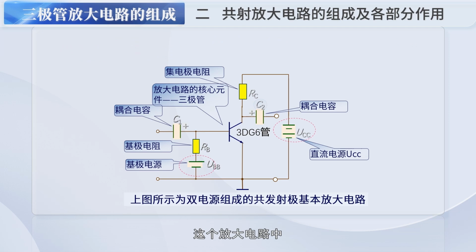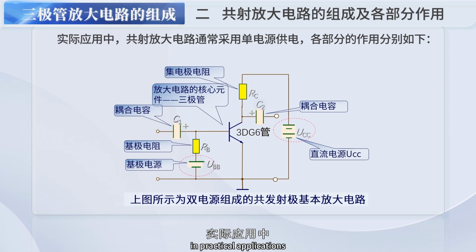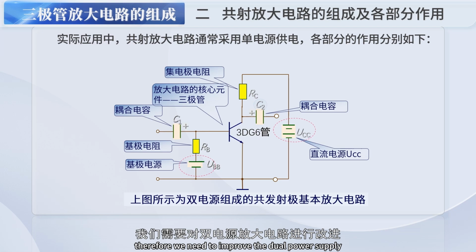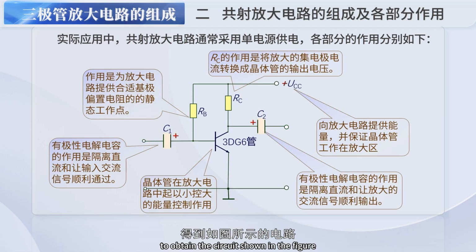Did you notice that in this amplifier circuit, there are 2 power supplies in the circuit? In practical applications, amplification circuits are usually powered by a single power supply. Therefore, we need to improve the dual power supply amplifier circuit to obtain the circuit shown in the figure.